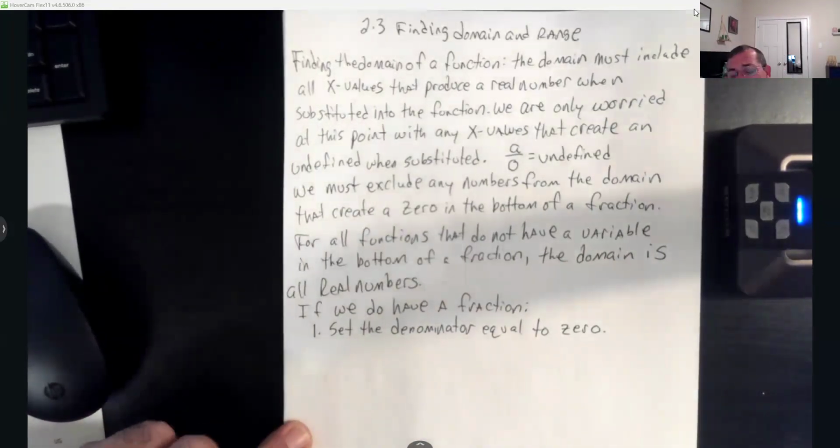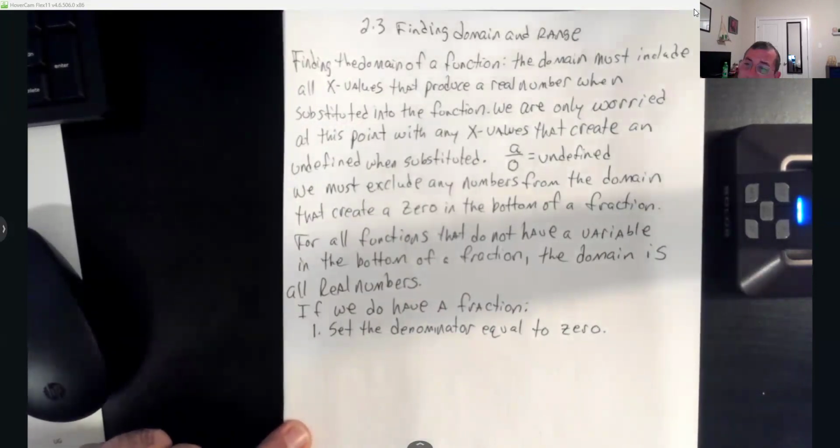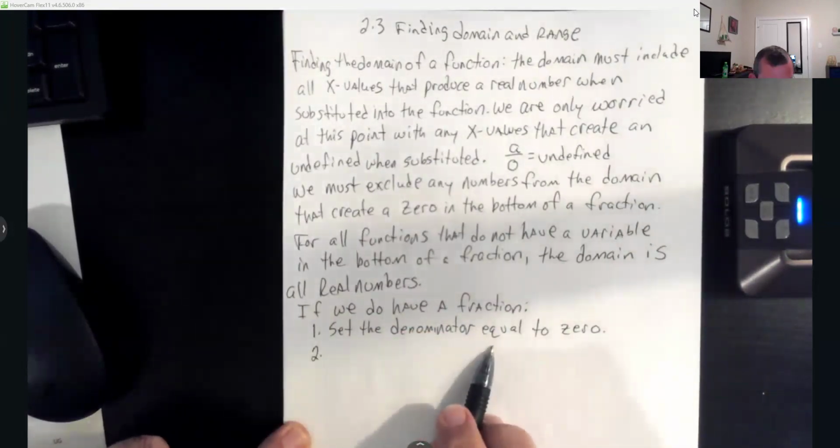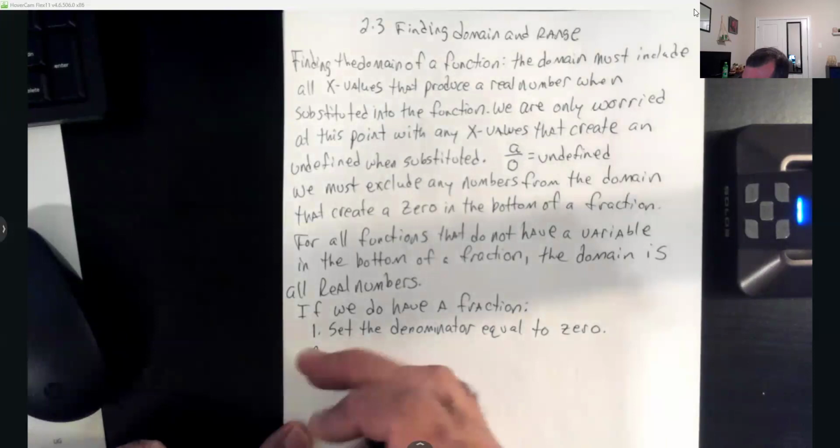So y'all, by setting that denominator equal to 0, we're forcing it to find those x values that made that happen. So what we would do after we set our denominator equal to 0, we would solve for the variable.